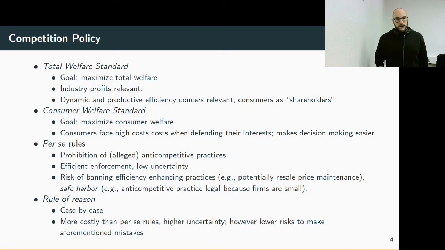Okay, so the last thing that we're going to talk about in the context of competition policy is something like the objective function, right? So what are we trying to do or to achieve when we talk about competition policy? What is the goal, right? I've just told you that basically the consumers are the most important thing, but there's a discussion whether we should maximize total welfare.